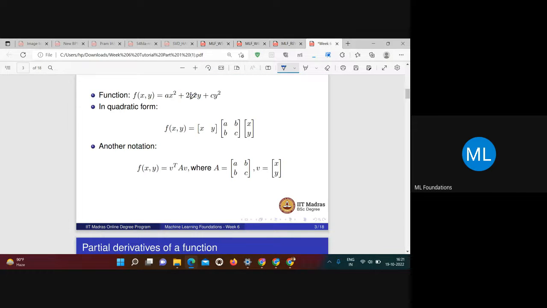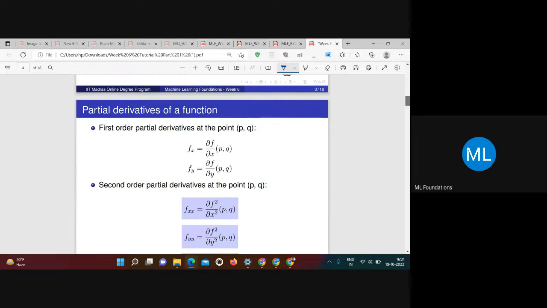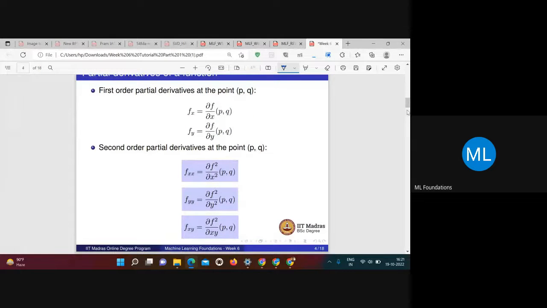Okay, so we start with the function. This is the basic function, and the quadratic form we can write in this way. That I told you; this is just the notation, V transpose A V. So the first thing is, how do you generally get the stationary point?